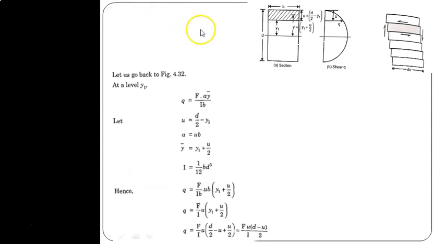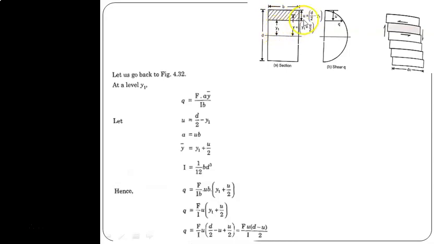Let this be the sheared area portion and that distance be u. Now the area of the sheared area becomes u into the breadth of section b. u is nothing but, from the central axis, the distance d by 2 minus y1. What is y1? y1 is the distance of the neutral axis and the bottom area, at which the fiber that we need to find the shear stress.